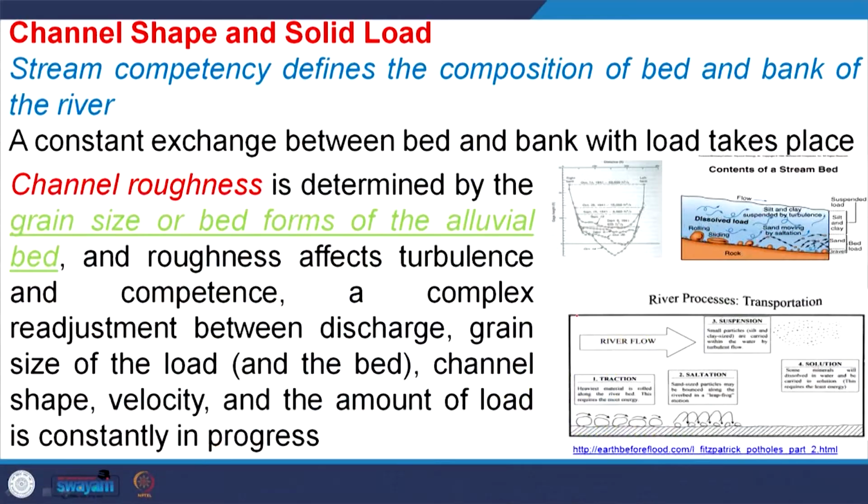For example, if you see here, this is a figure taken from Bloom. This is the channel shape at a particular time, and the same channel is like this at another time, and again at another time.